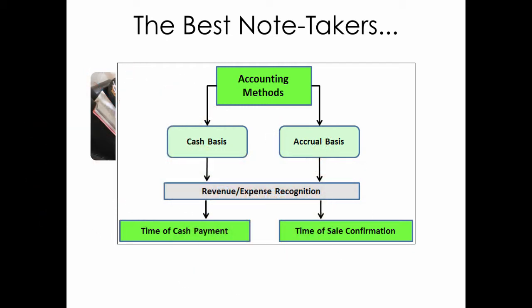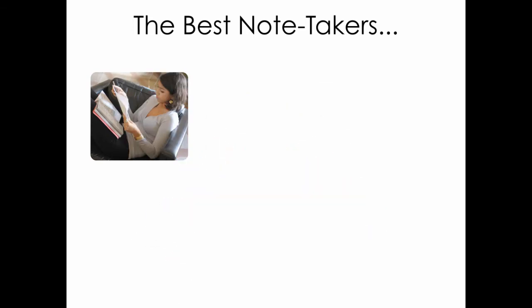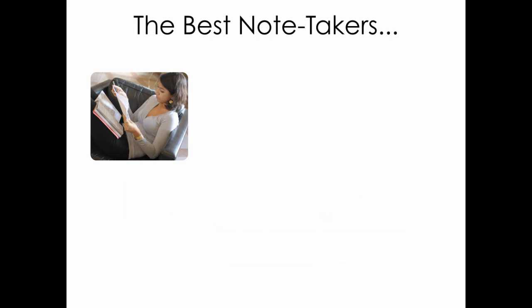If this is one of the many accounting methods that have been covered in the course, I might want to think about possible comparisons and differences. Just a quick review. There are other before-class strategies identified in Chapter 4. Look them over to see which ones are most compatible with your courses.